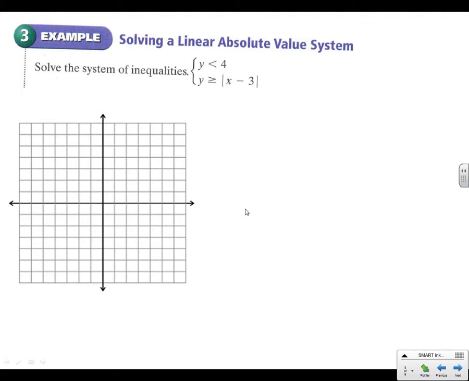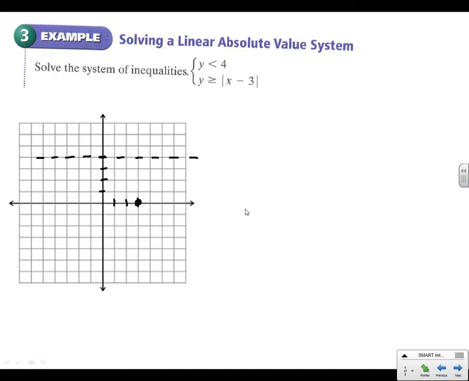All right, last one. We're going to bring back our old friend, the absolute value. So here we go. Y is less than 4. 1, 2, 3, 4, and dotted line going straight across. Y is greater than or equal to X minus 3. This is going to be a vertex of 3 over 1 and 0.